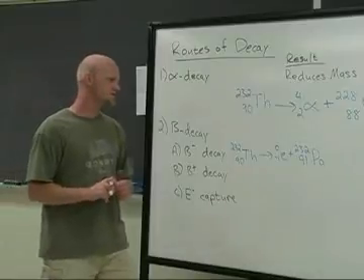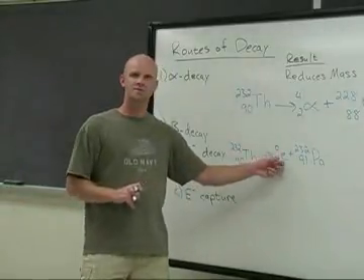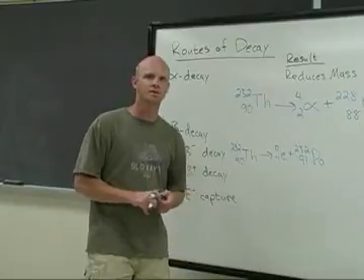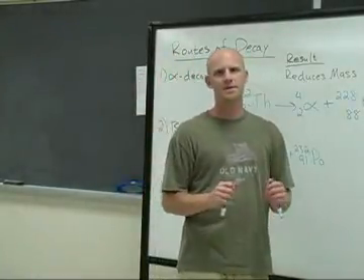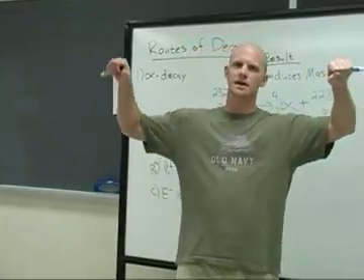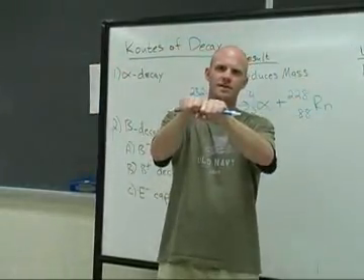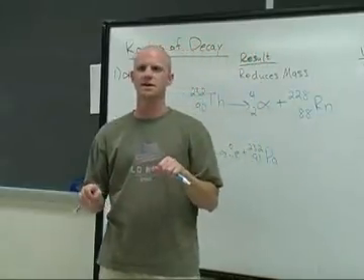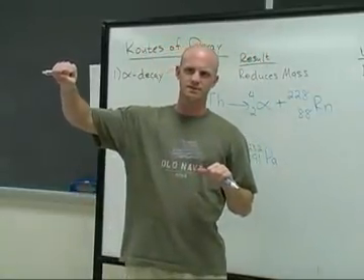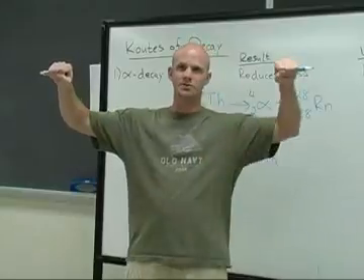To see what your result is, it's often convenient to think of a neutron as the combination of both a proton and an electron combined together. It's not really what a neutron is, but it makes it easier to figure out some of these processes. What's the charge on a proton? Plus one. Electron? Negative.